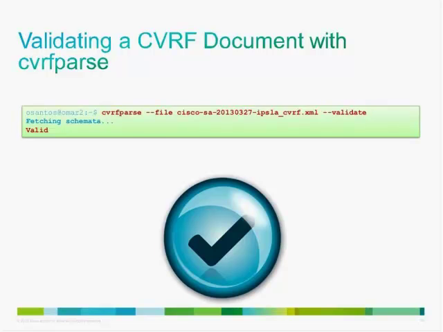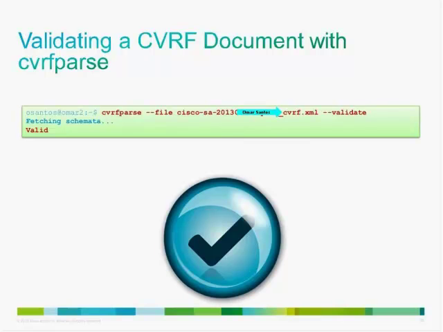The reason I know that is because, as you can see from the screen, for all the security advisories we use this nomenclature: Cisco SA means security advisory, then the actual date it was published, and typically the technology or the product that was affected.